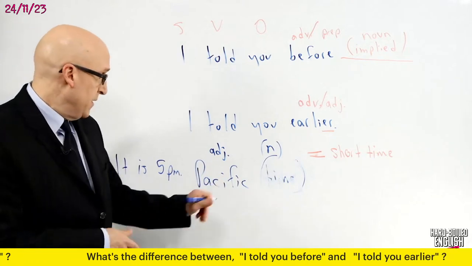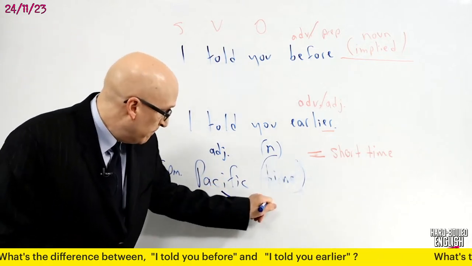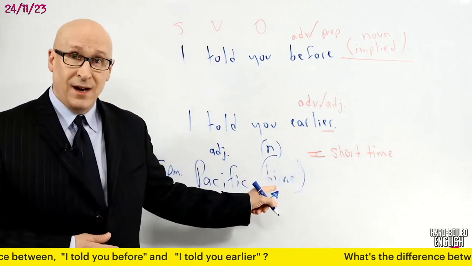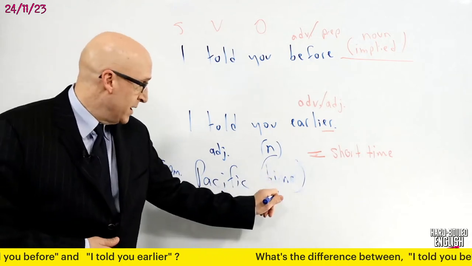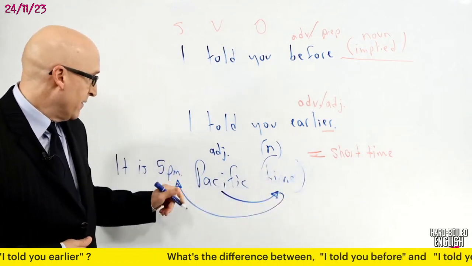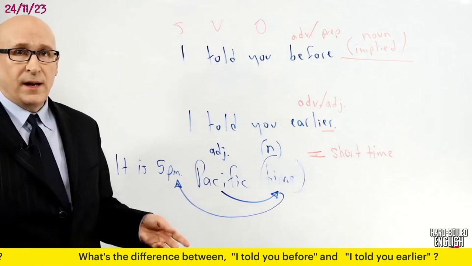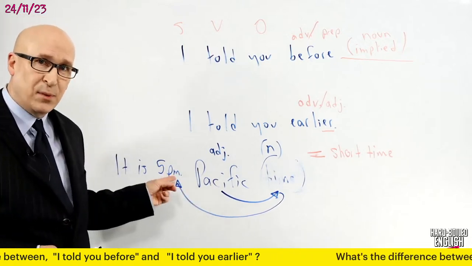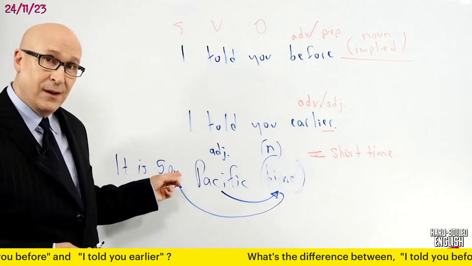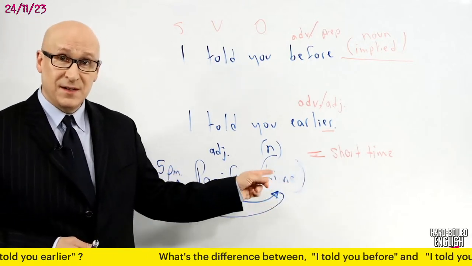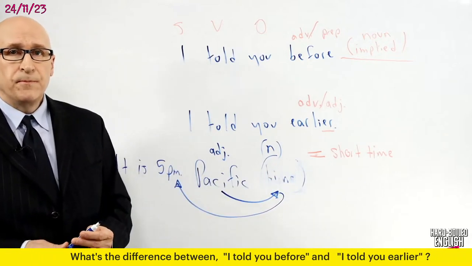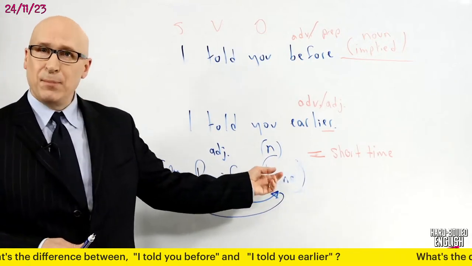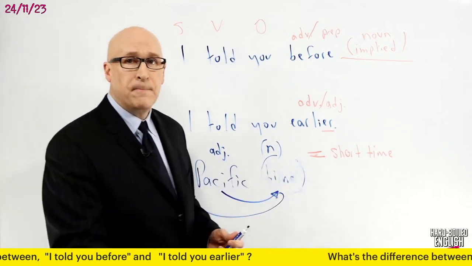So this is modifying the time, but that word is missing, so it kind of turns around and modifies that. We might call that a post-nominal adjective. It's describing the previous noun, but in an indirect way, because it's actually modifying an implied noun, okay?